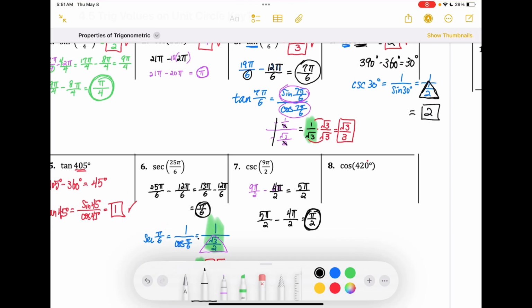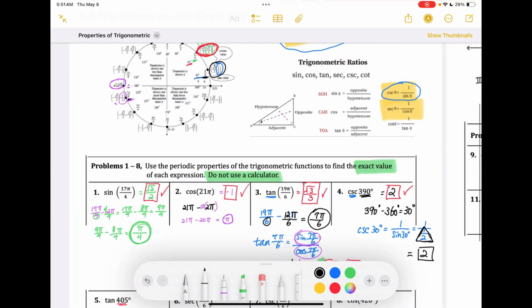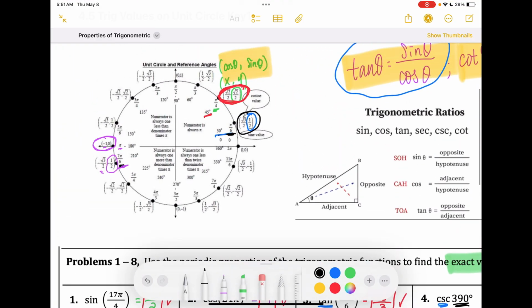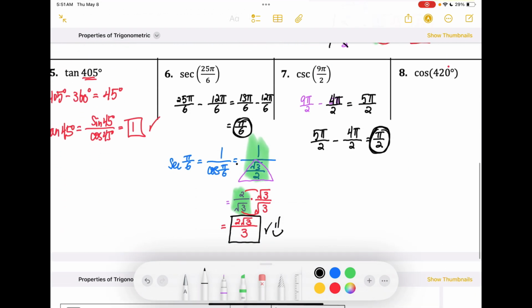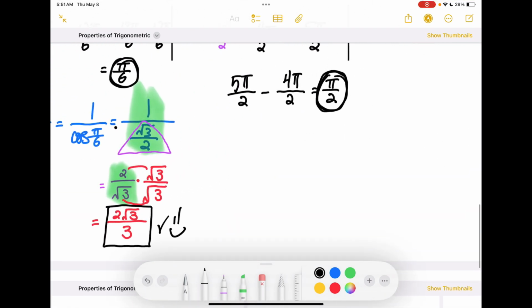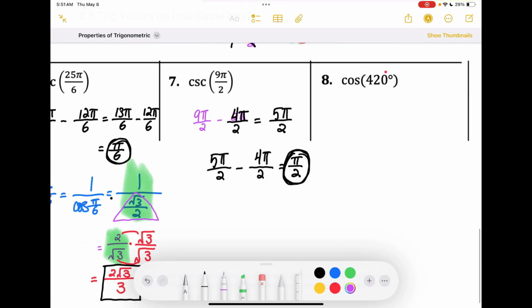Ooh la la, I do see pi over 2 from my unit circle. So what you see is what you got. So pi over 2 is right here, so that tells me my final answer is from here, the parentheses. Because we would like to figure out the cosecant. So what do we say about the cosecant? The cosecant, by the definition, is equal to 1 over sine.